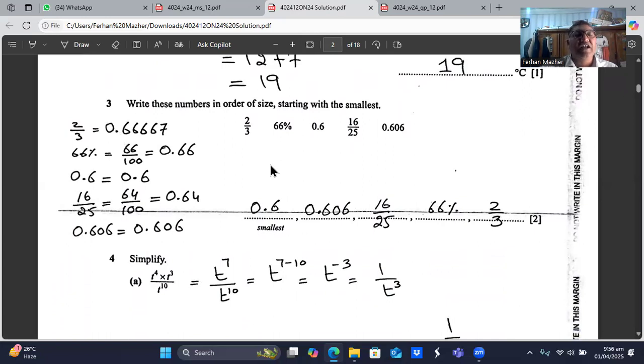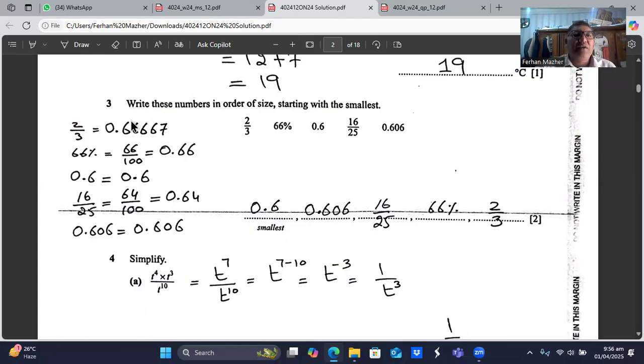So 2 by 3, that is 0.6667. 66% means 66 divided by 100, which is 0.66. And 0.6 is 0.6. 16 by 25, multiply numerator and denominator both by 4. You will get 64 divided by 100. So that is 0.64. And 0.606 is already in decimal form.